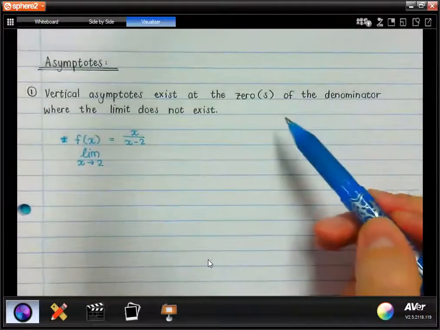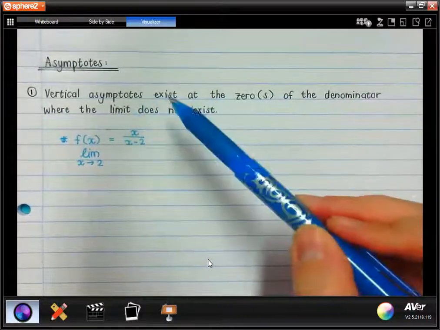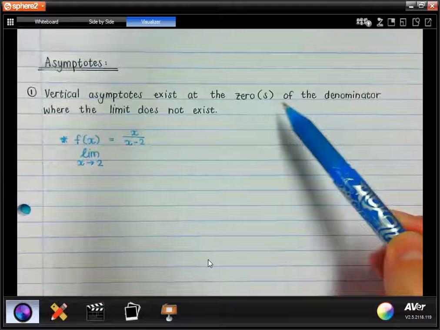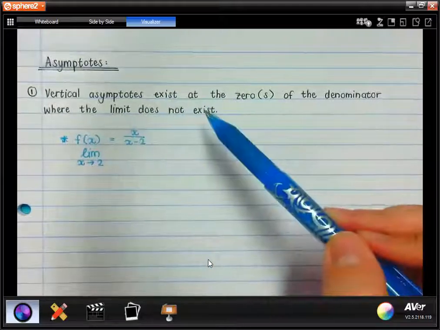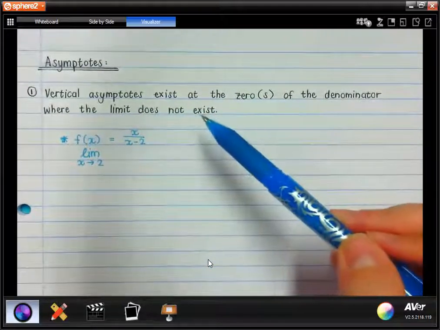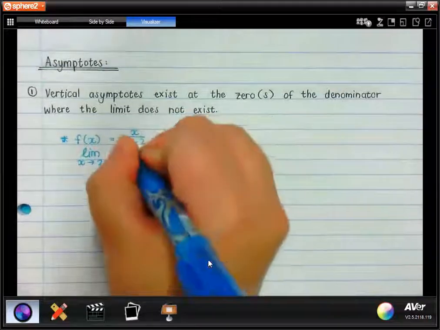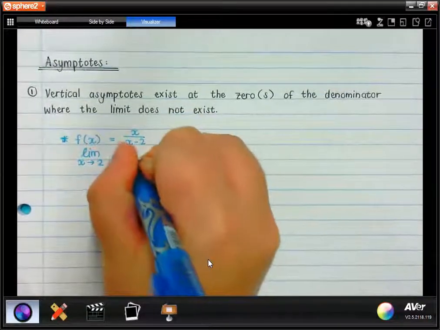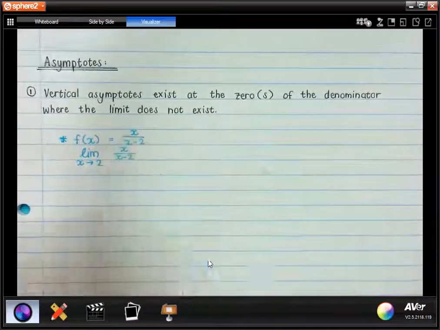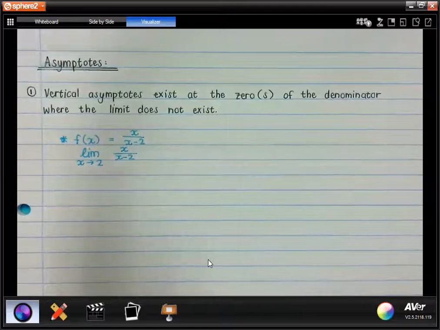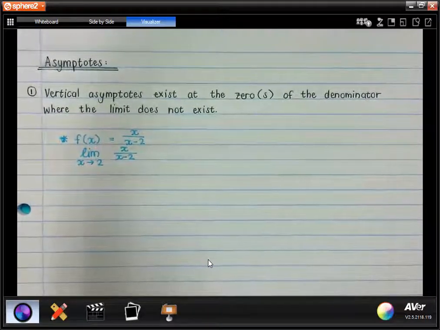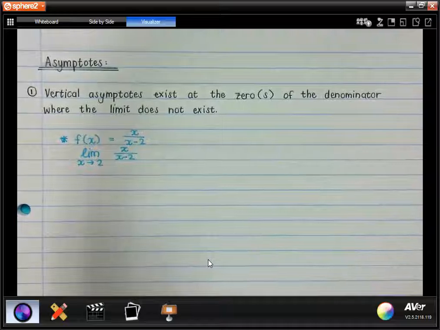Because what is this definition saying? Vertical asymptotes exist at the zeros of the denominator where the limit does not exist. So the limit to that specific 0, that x value, of this function, we have x over x minus 2. Now, if I sub in 2 there, or let me first ask, can I simplify that function somehow so that when I sub in 2, my denominator is not equal to 0?